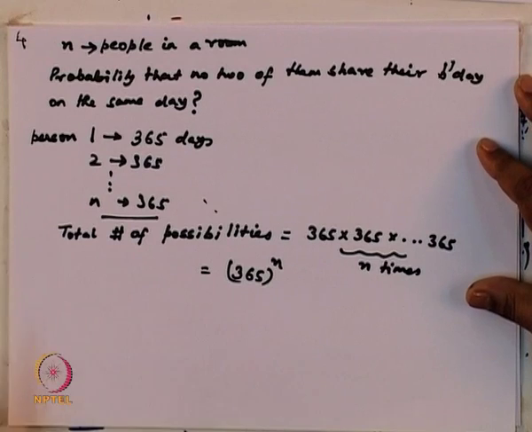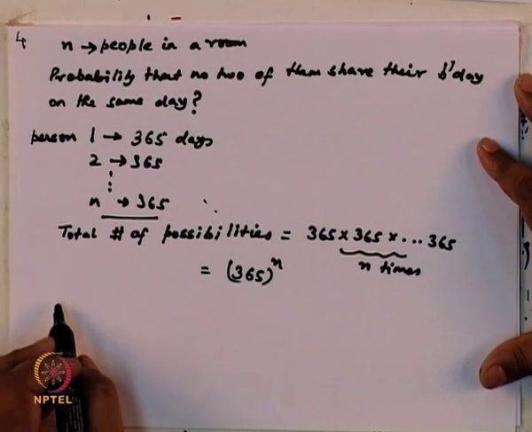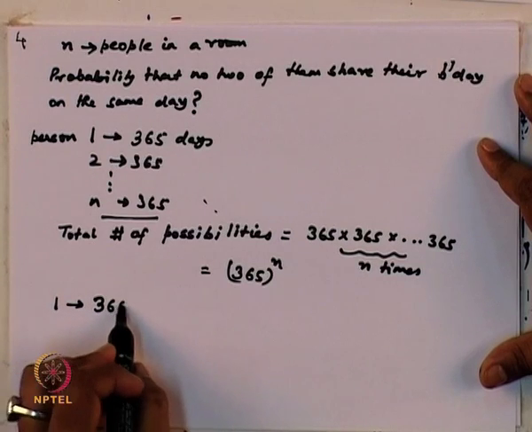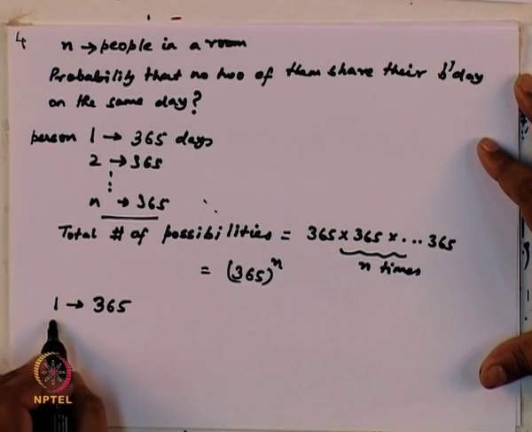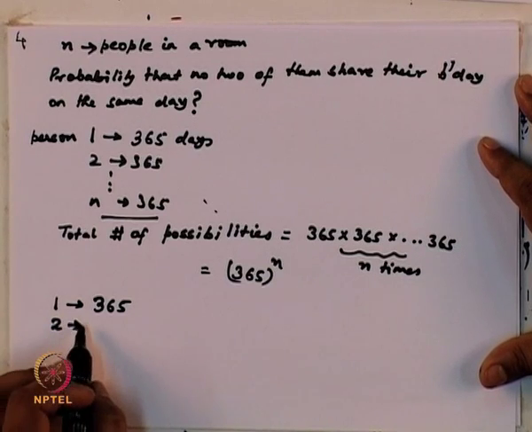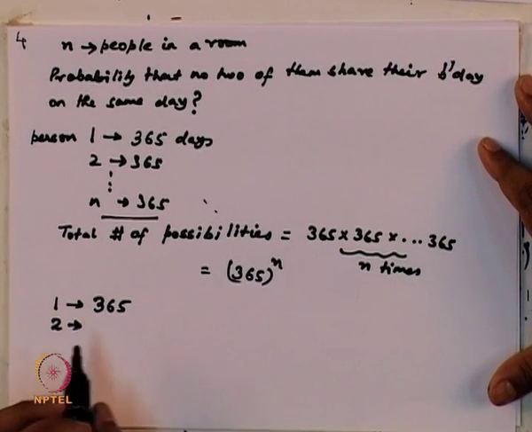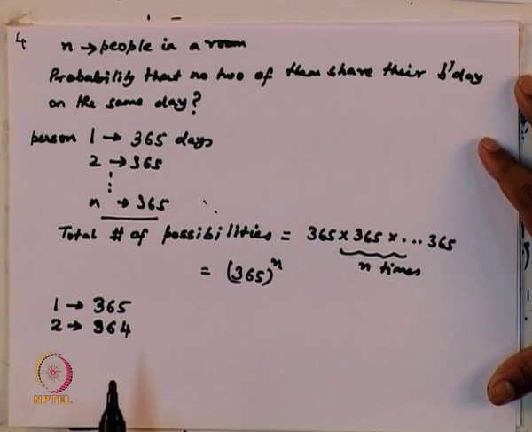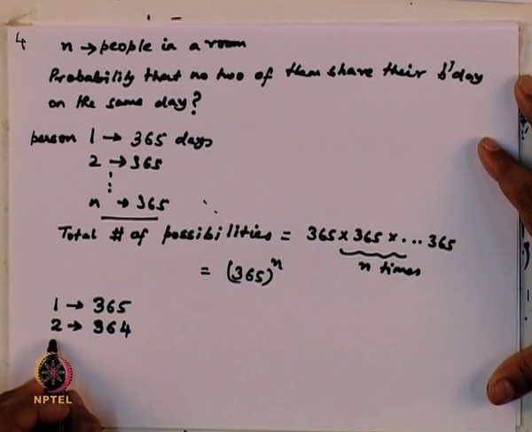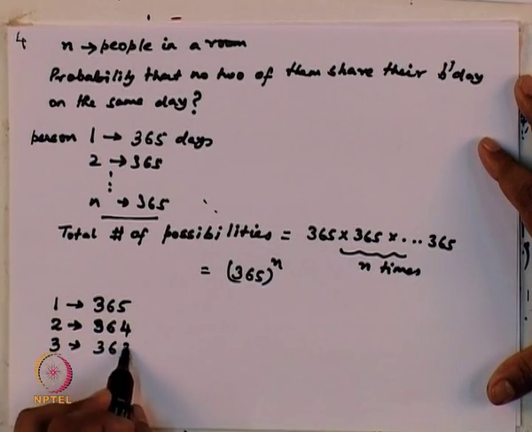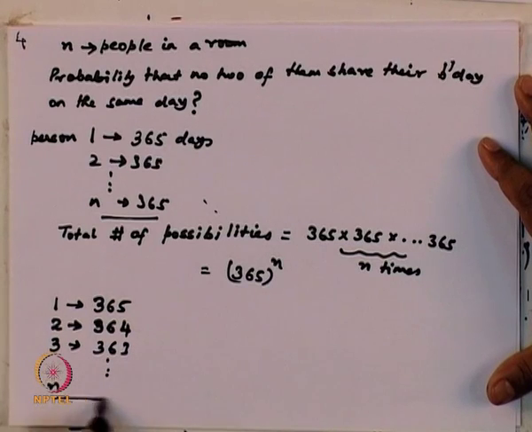Okay. So, which means we can say that if person 1 is born on any one of the 365 days, right, we do not know which day, person 2 must be born on any one of the remaining 364 days. Person 3 must be born on any one of the remaining 363 days, and like that you go.